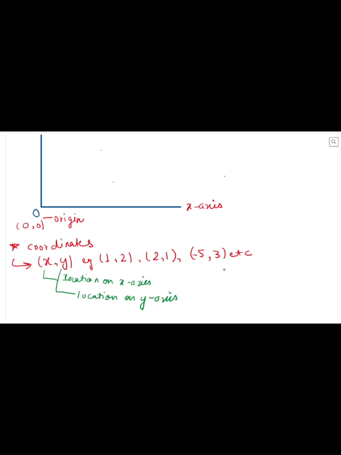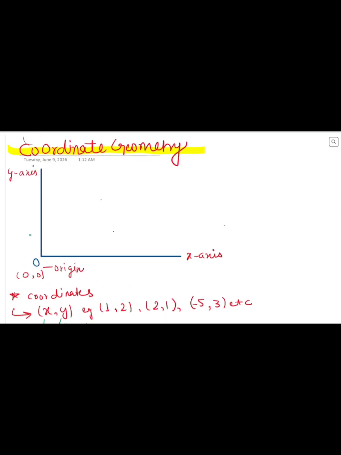Let's locate a few points to understand more clearly. Since this is a number line, let's mark the numbers on the x-axis and on the y-axis.